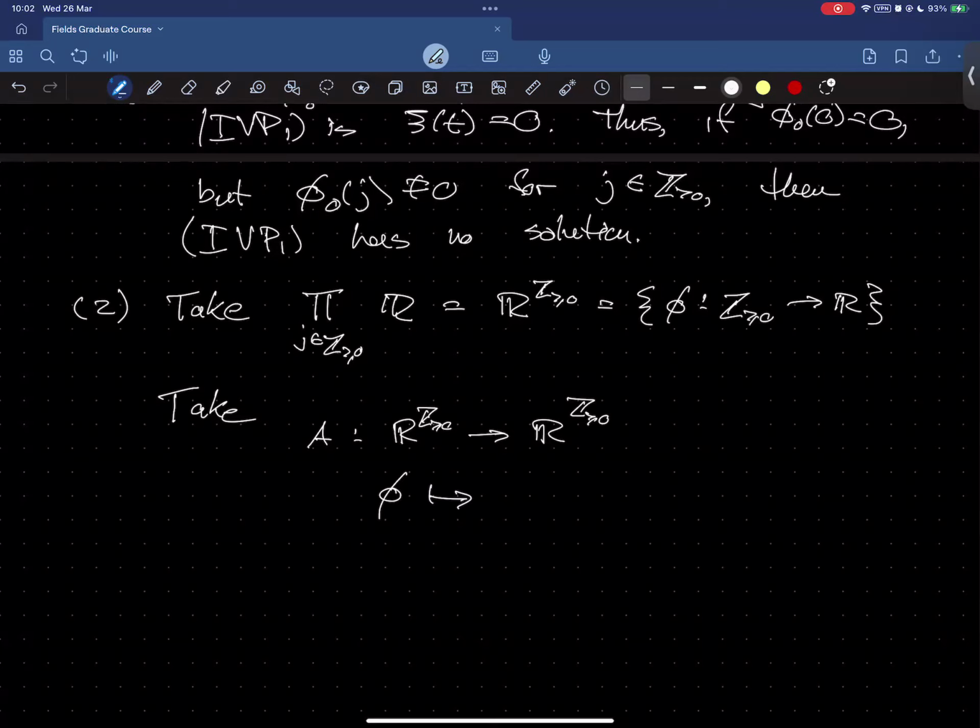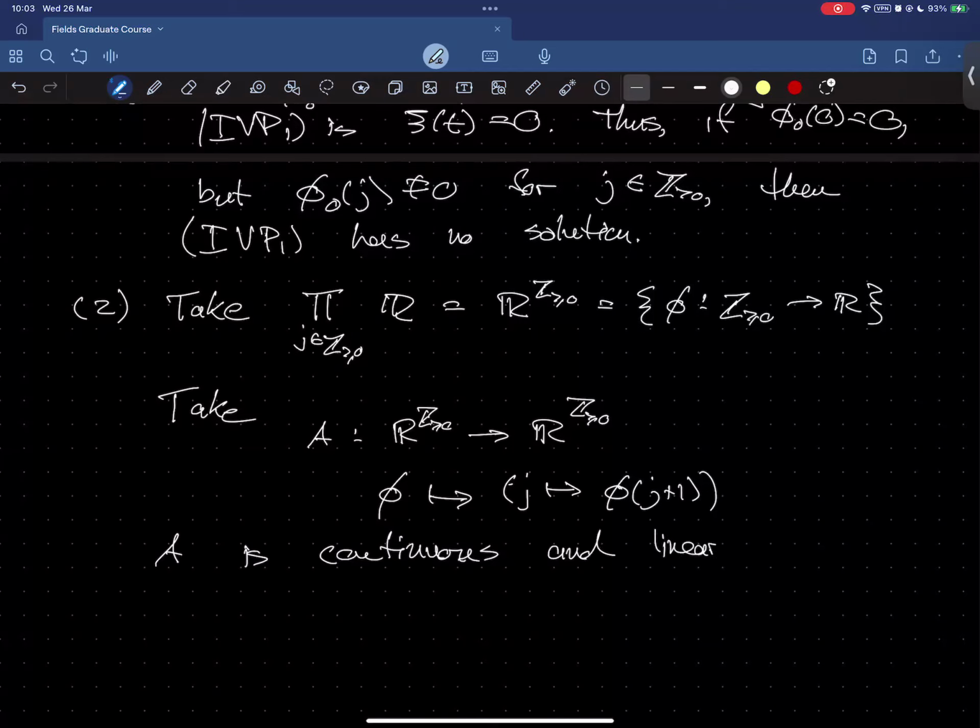This is going to be a left shift. So everything gets moved to the left, and the leftmost term just gets chopped off. Okay, so A is again continuous and linear. And you can check continuity by using the product topology.